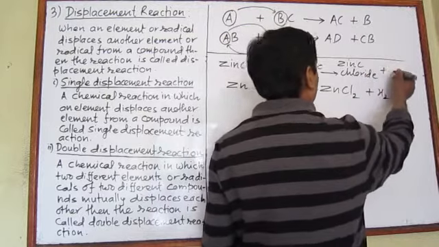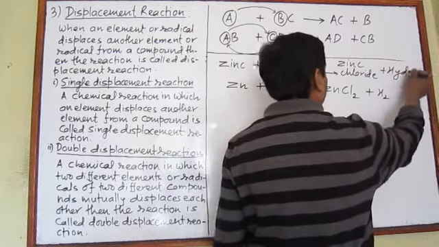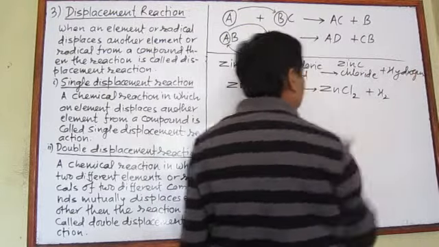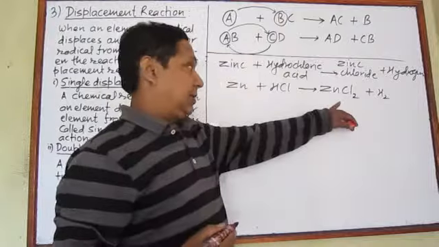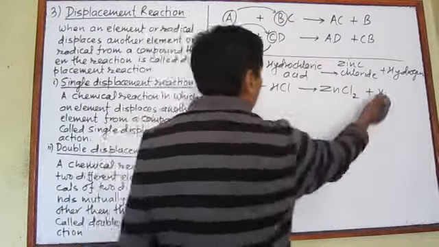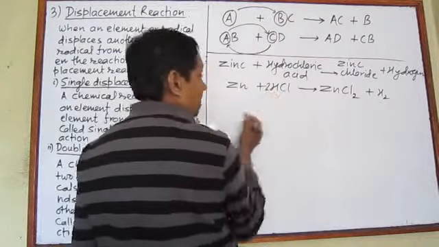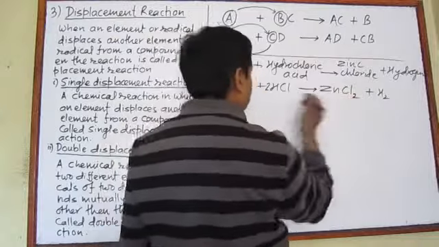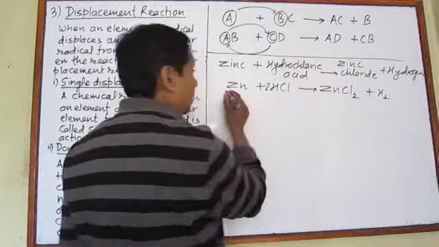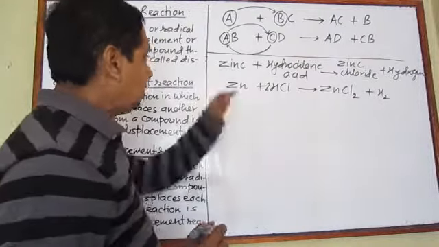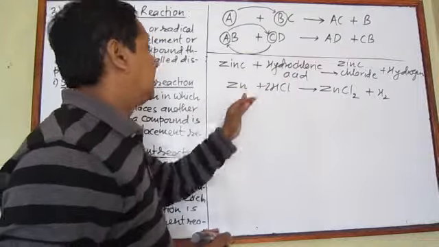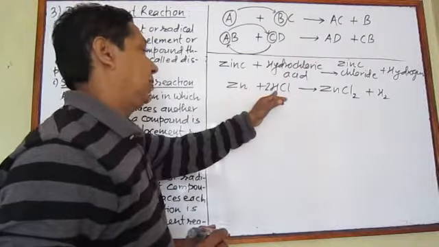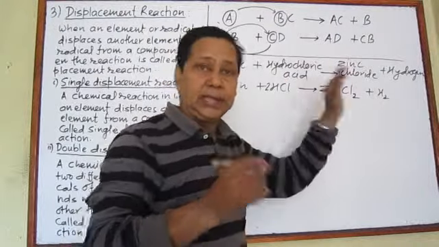And another one is hydrogen. Now it's time to balance this single displacement reaction. Hydrogen 2, hydrogen 1, if we put here 2, hydrogen balances. Chlorine 2, chlorine 2, so okay. Zinc 1, okay. When a metal reacts with acid, generally the metal displaces hydrogen from the acid, and this reaction is a single displacement reaction.